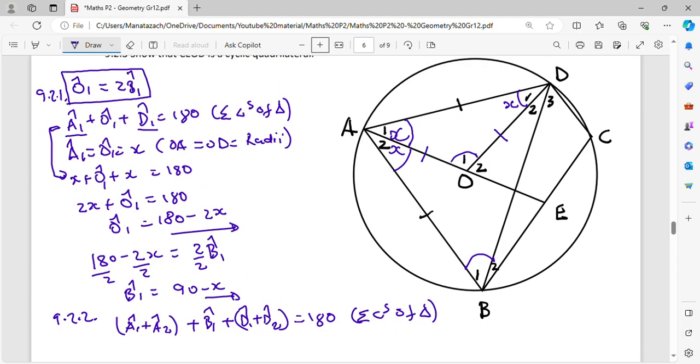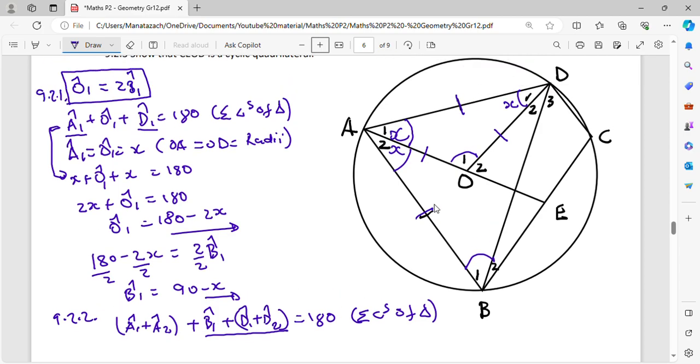And then from there on, remember what you're trying to achieve. We're trying to prove that A2 is equal to x. Okay, now let's continue. There's a relationship between B1 and D1 plus D2 since we're given that AD is equal to AB, right?